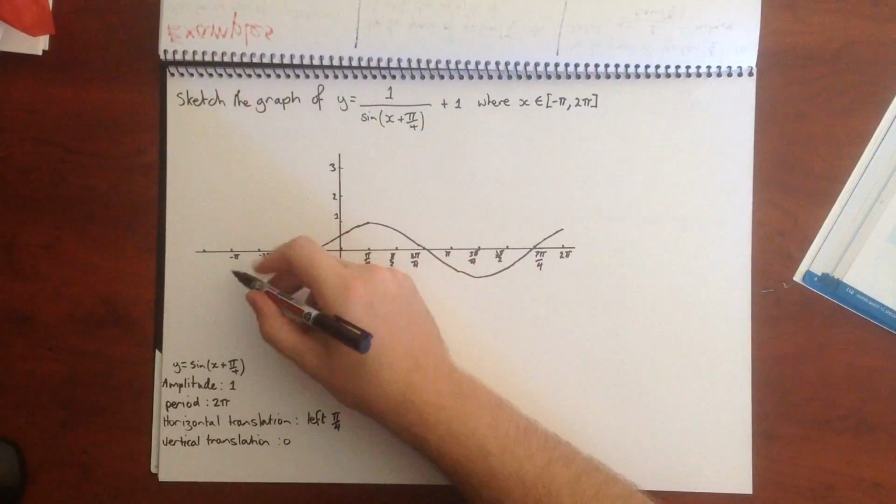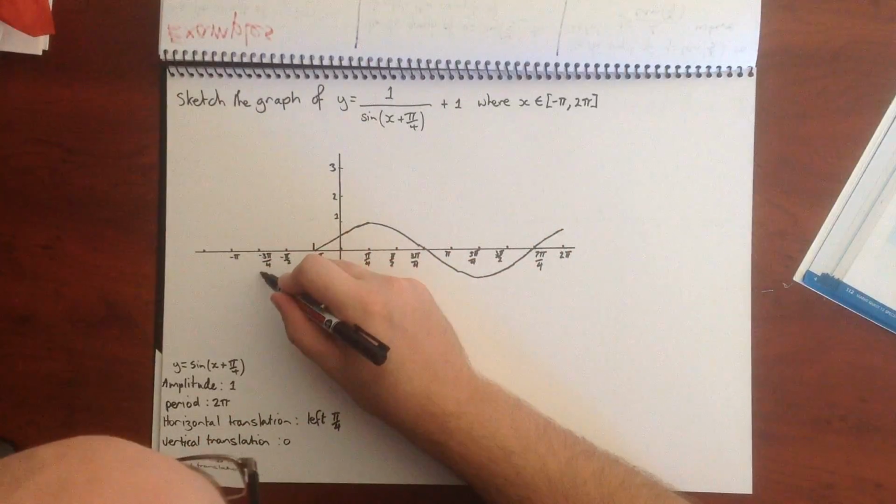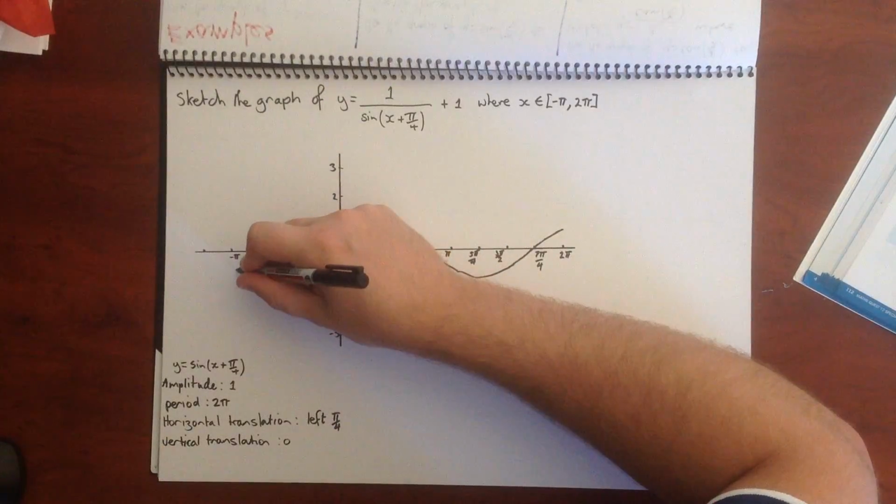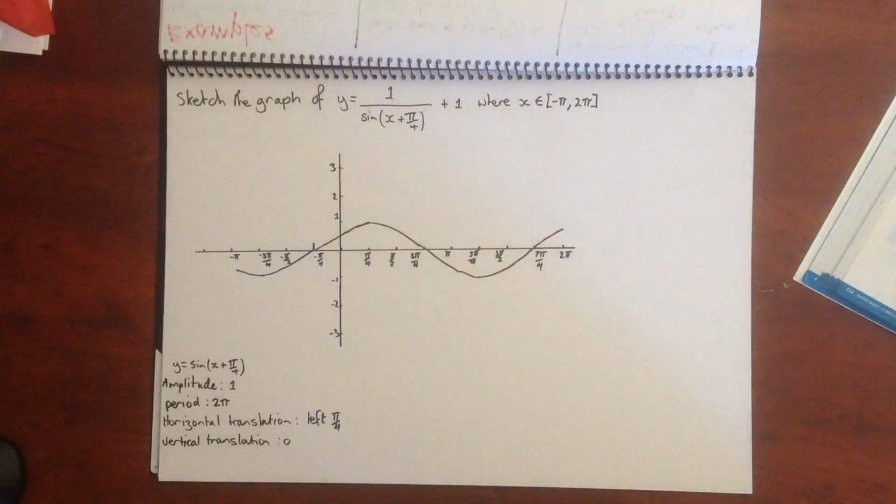Okay, and then we're going to come back down here. So a graph of y equals sine of x plus pi on 4 is going to look something like that.